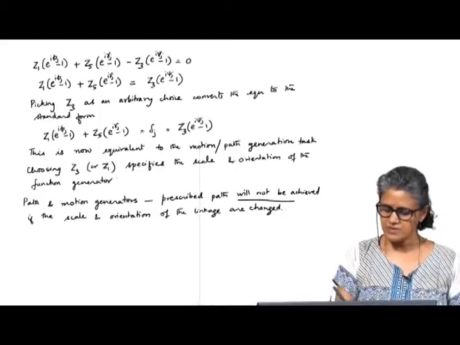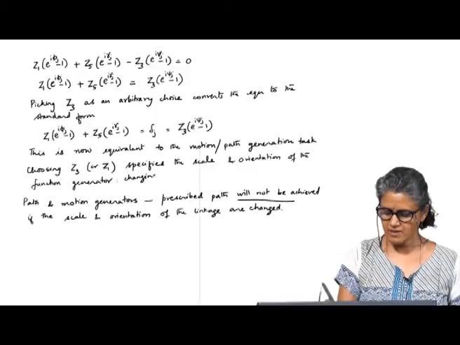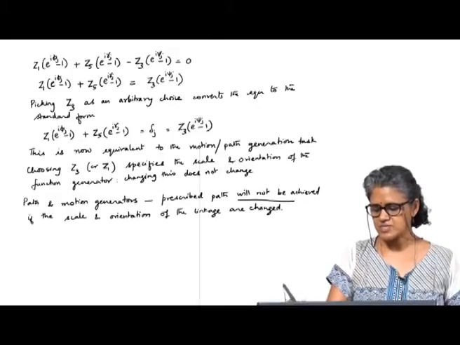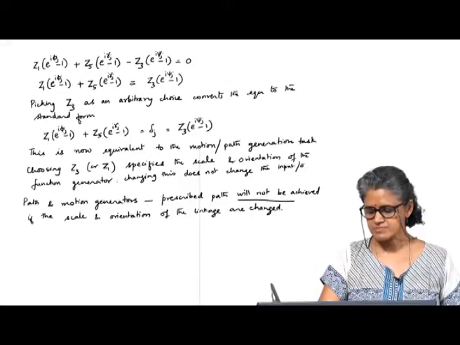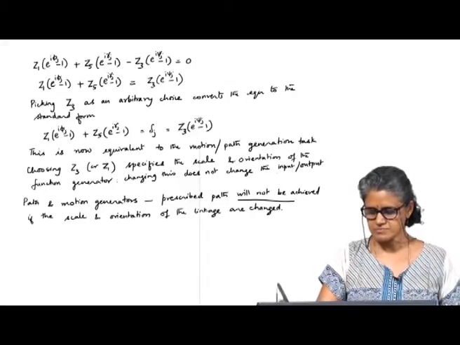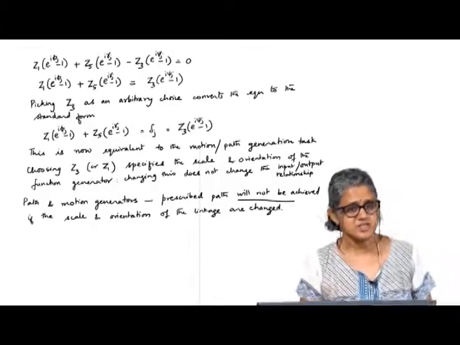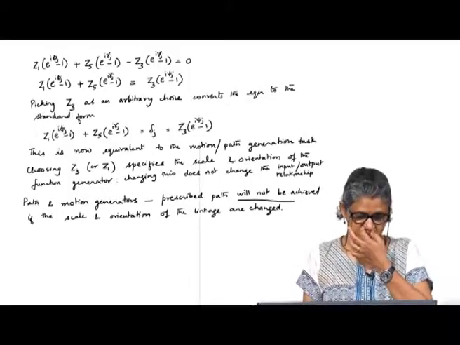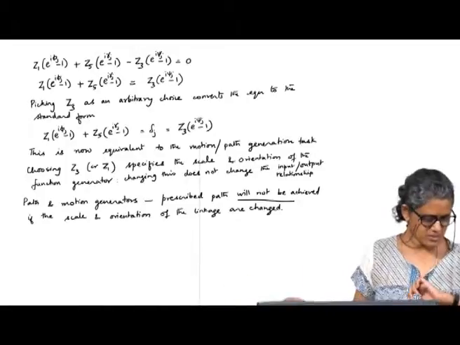Whereas here, changing this does not change the input output relationship. So, that is an important difference between function generators and path and motion generators. Okay. So, we will stop here.